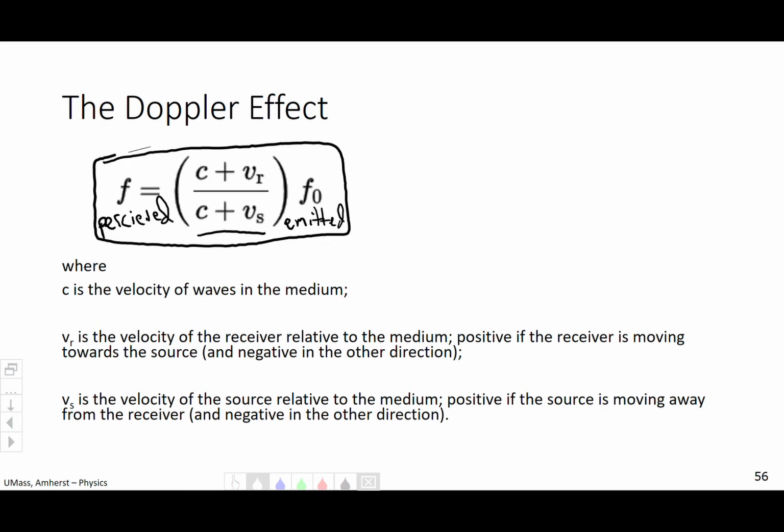VR is positive if the receiver is moving towards the source, and Vs is positive if the source is moving away from the receiver, right? So that is just a little piece of information. That's the Doppler effect. You mostly need to understand it conceptually.